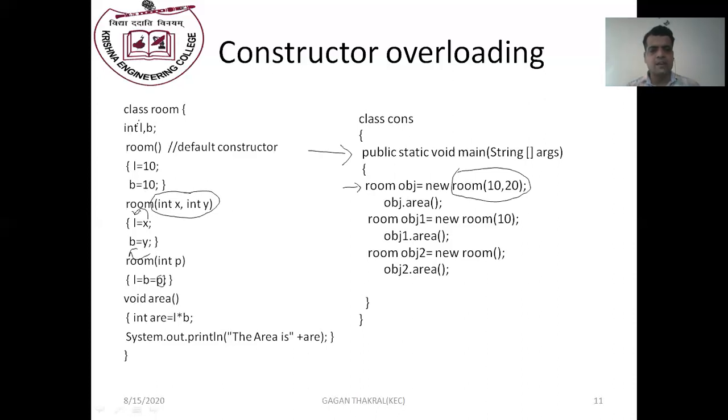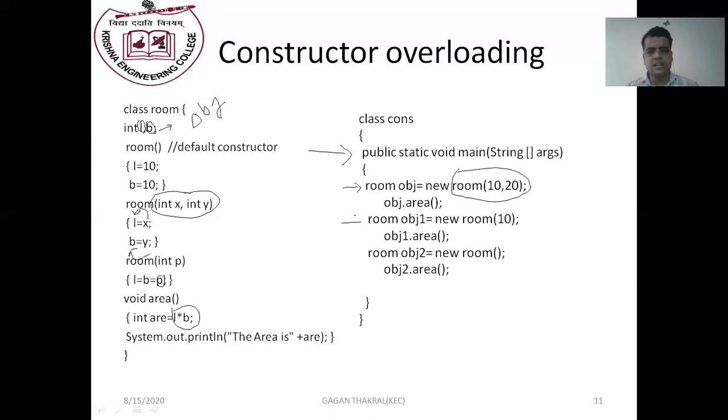The value of the L variable is set to 10 and the B variable is set to 20 for object obj. When we call obj.area, L and B are 10 and 20, 10 times 20 is 200, the area is 200.